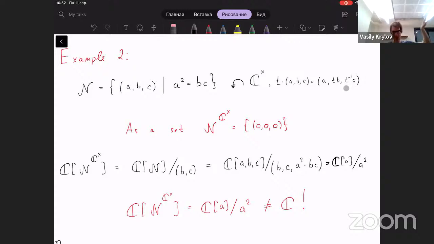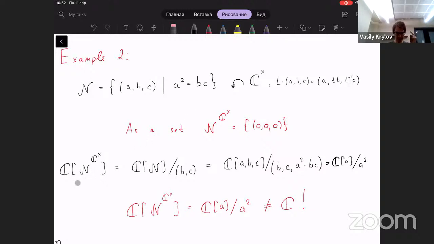This is like the conjugation action on 2 by 2 matrices. Then, as a set, these fixed points are just 1 point, 0, 0, 0. Because if you have a fixed point, B and C must be 0. And then from this relation, you conclude that A should also be 0.